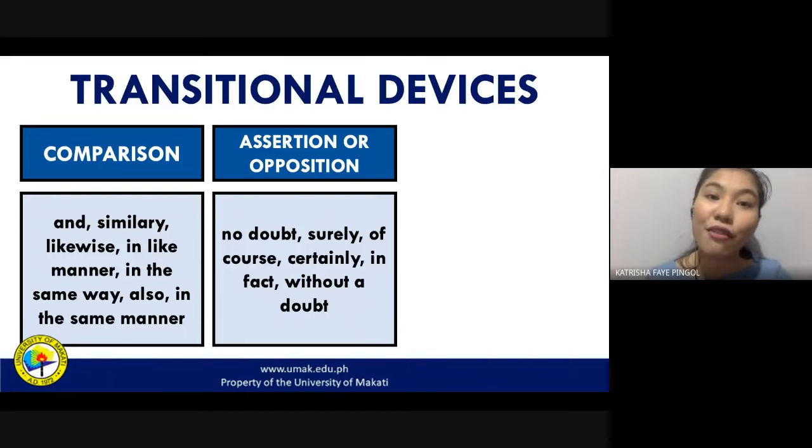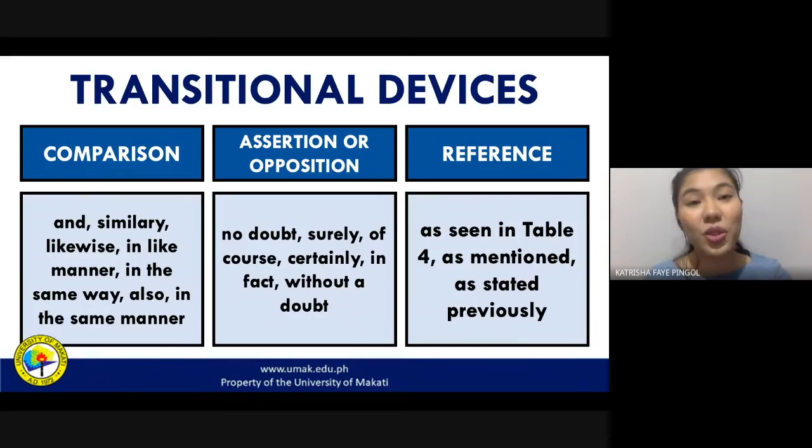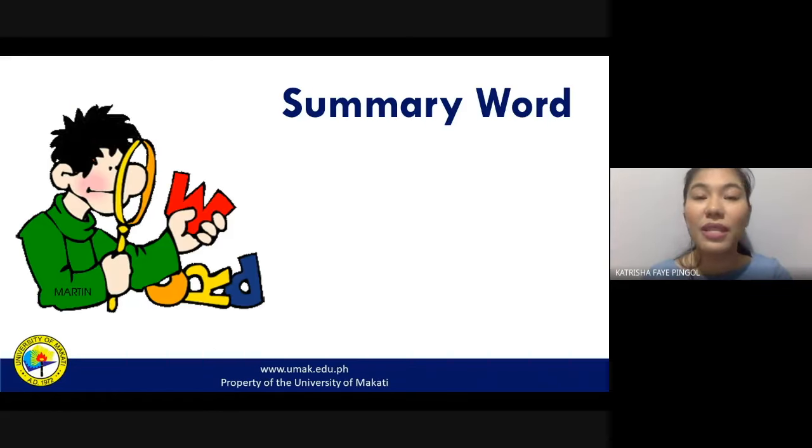So if you are not in favor or you want to emphasize your point, your belief, your argument, then you can use words such as no doubt, surely, of course, certainly, and other words to assert and to oppose certain things. Transitional devices are also used to make references, such as the following examples. Part of practicing explicitness is actually the use of summary words.